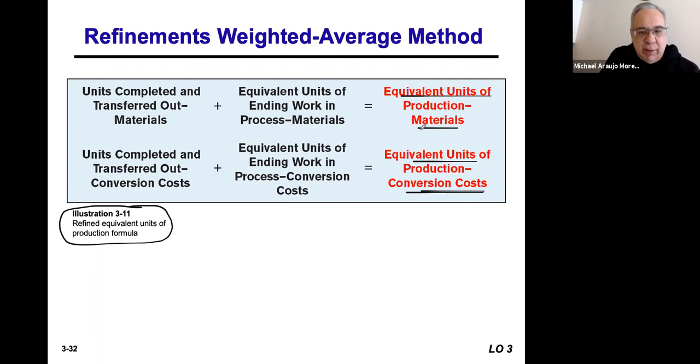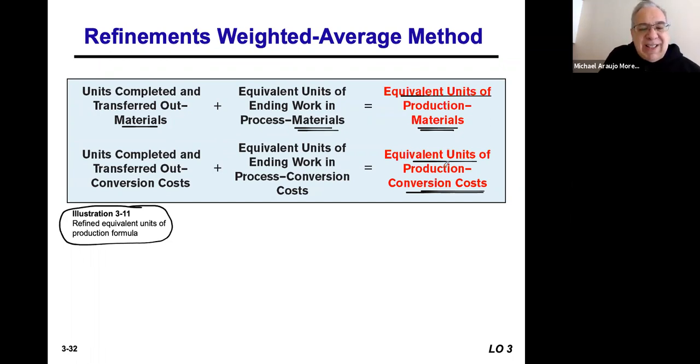So there are actually two numbers that we're coming up with. The units completed and transferred out have all the materials in them, and the equivalent units in ending work in process have all the materials in them. So that's why they add up to the 900,000. 700,000 are already done. Of the 200,000 that are in progress, all 200,000 have all the materials. So that's why it's a full 200,000, and 900,000 is the answer here.